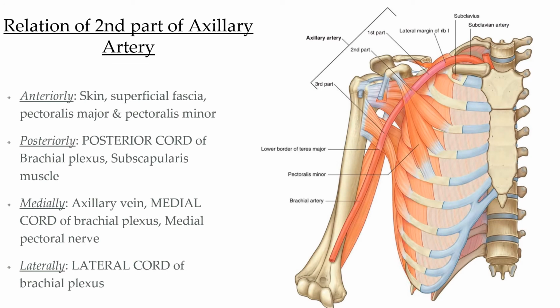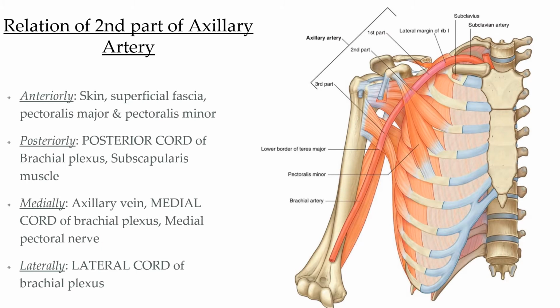Before seeing the relation of the second part of the axillary artery, let me tell you that the brachial plexus, which is the plexus of spinal nerves which innervate the upper limb, has three cords: medial cord, lateral cord and posterior cord. These cords are so named on the basis of their relation with the second part of the axillary artery, which means that the posterior cord is posteriorly related with the second part of the axillary artery.